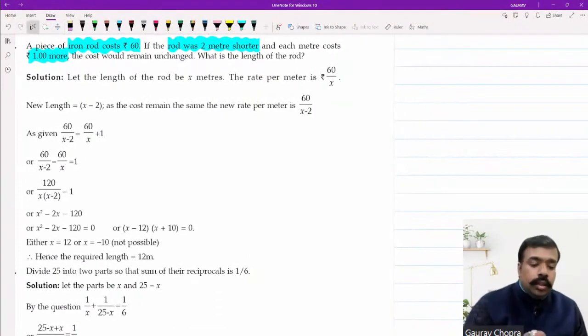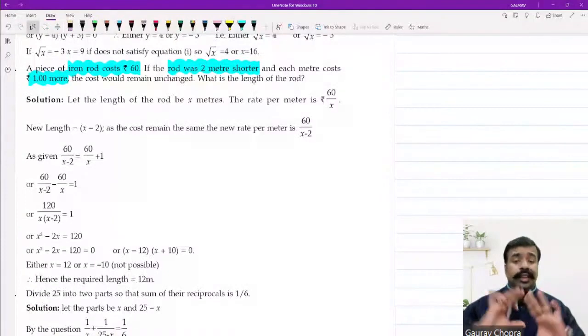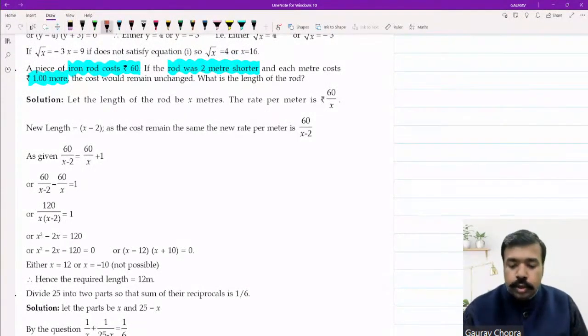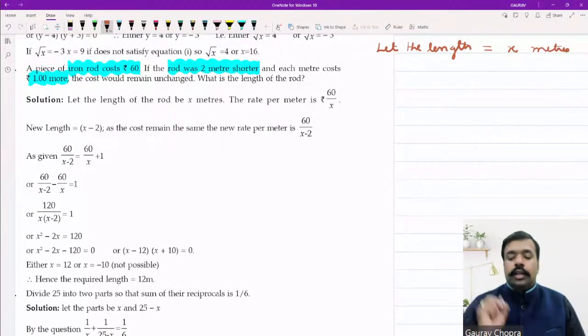Okay. So first of all, what we have to do, we don't know the length of that piece of rod, but we know the cost of that whole rod is rupees 60. So let the length of the rod equal to x meters.